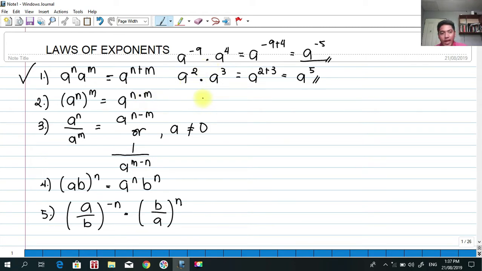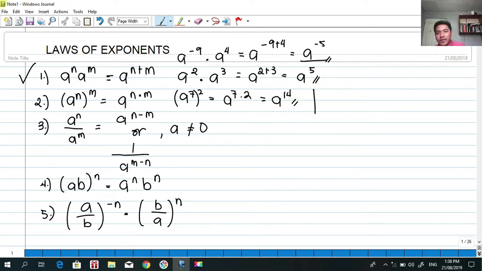So for number 2, let's try a raised to 7, squared. What will happen is that this should be 7 multiplied by 2 because it is raised to 2. So this should be a raised to 14, where we multiplied 7 and 2.